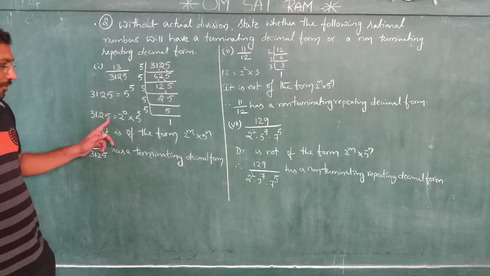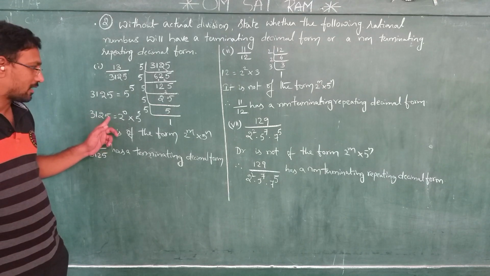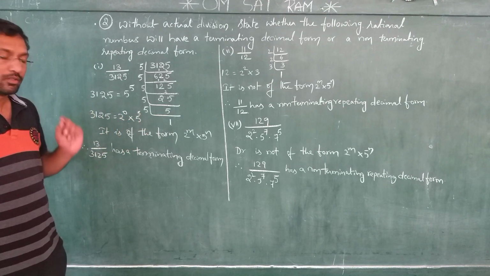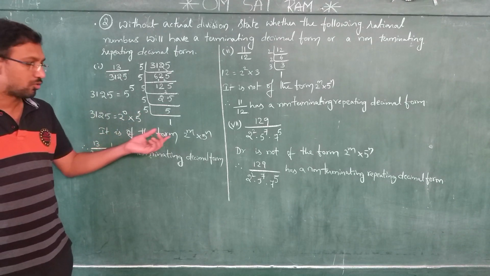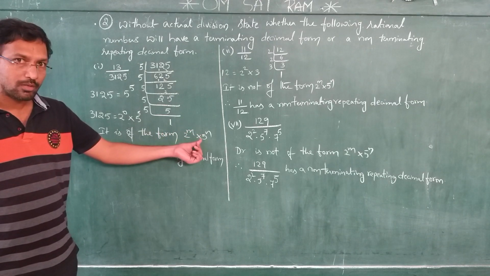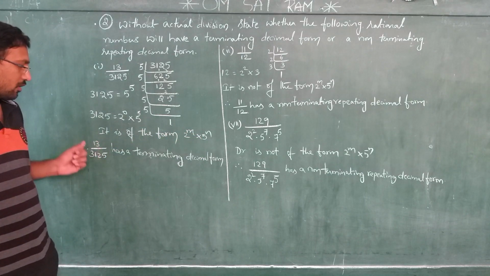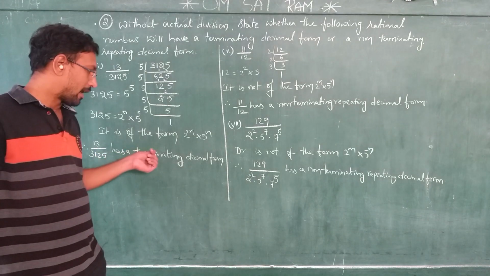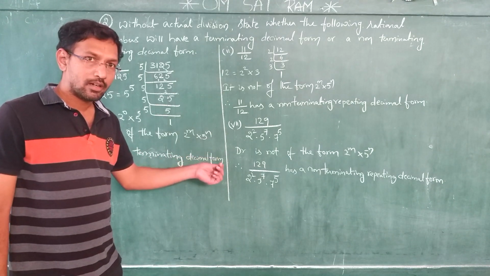It can be written as 2 power 0 into 5 to the power 5. It is of the form 2 power m into 5 to the power n. Therefore, 13 by 3125 has a terminating decimal form.